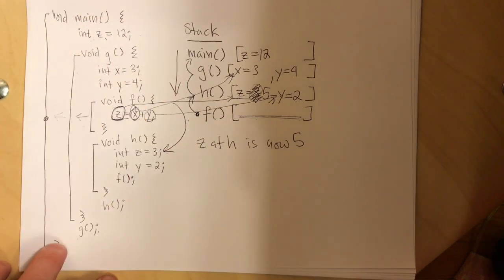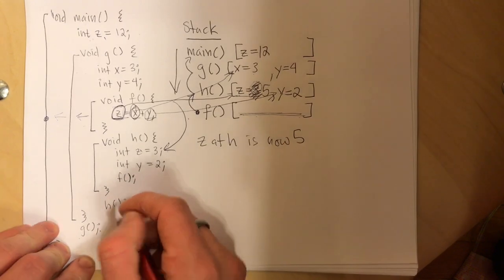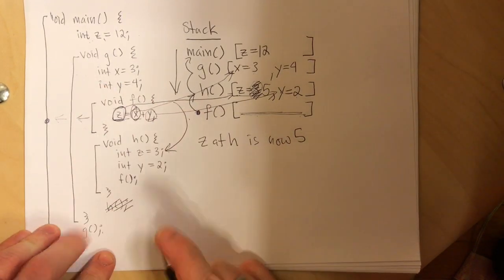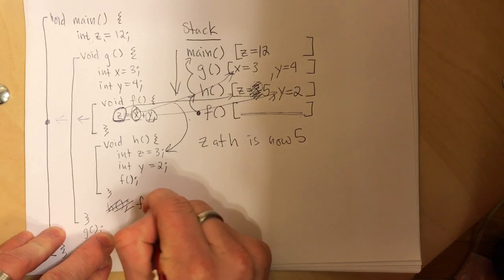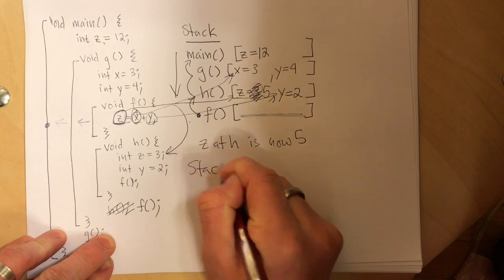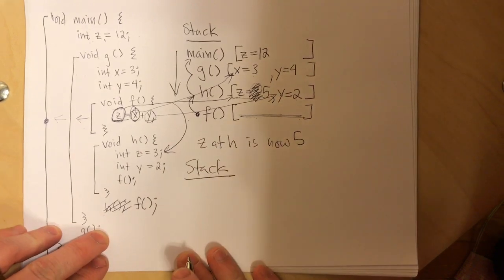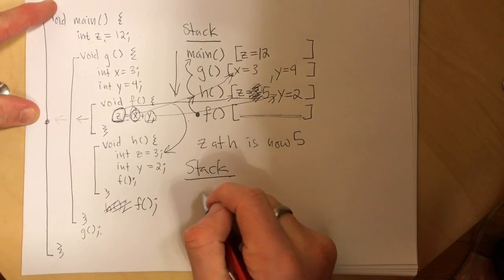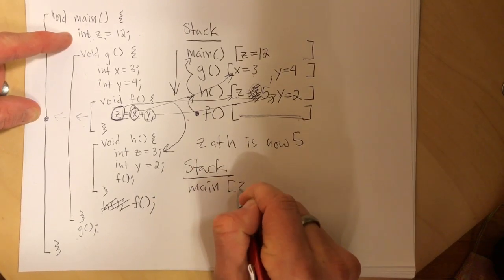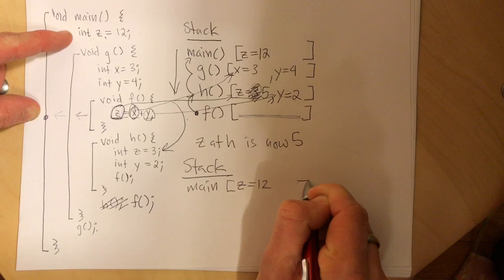So for instance, instead of putting H here, I won't change any of the structure of the code at all. Let's look at what happens if I call F directly. And now I need a new stack because this is going to be a different run of the program. So again, I push main on and I create my variable Z and set it equal to 12.